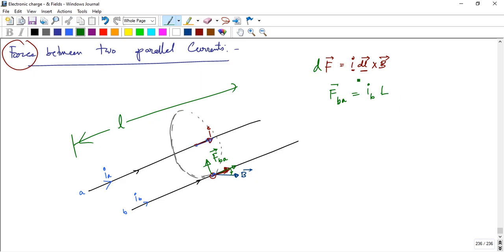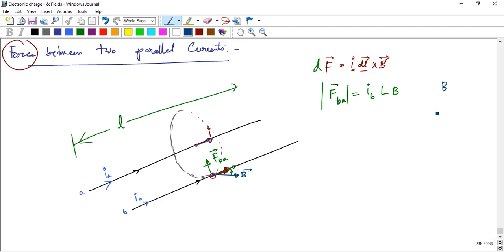So L, and there's a magnetic field B, so the force is I L B if I consider only magnitude. This magnetic field is created by wire A, and that force FBA is due to wire A.